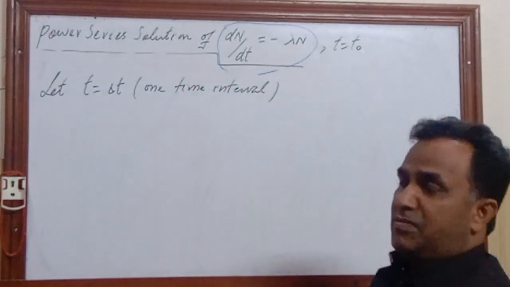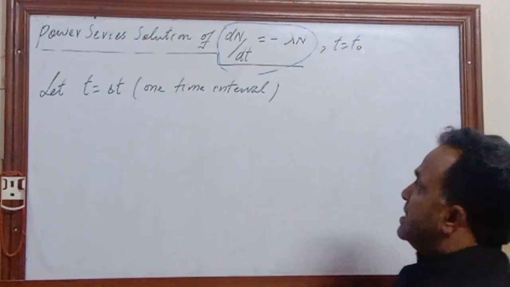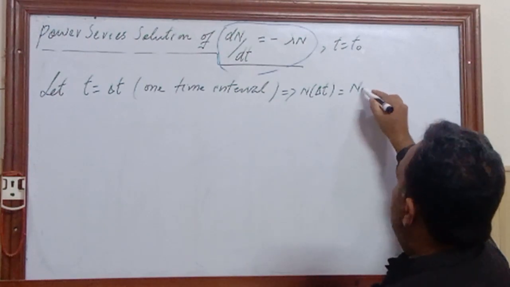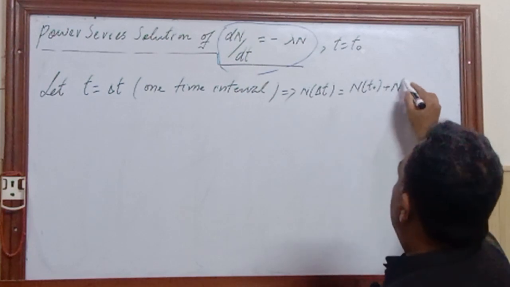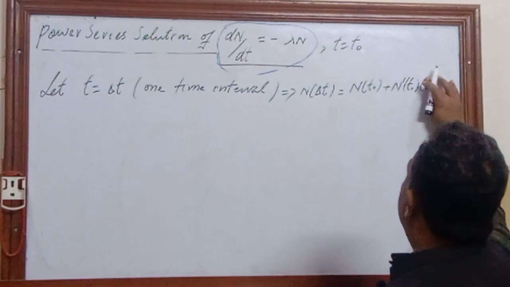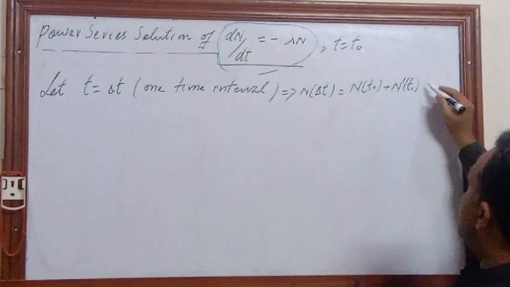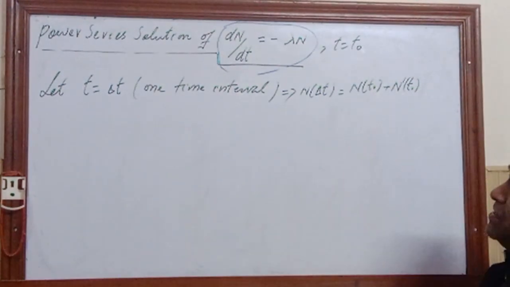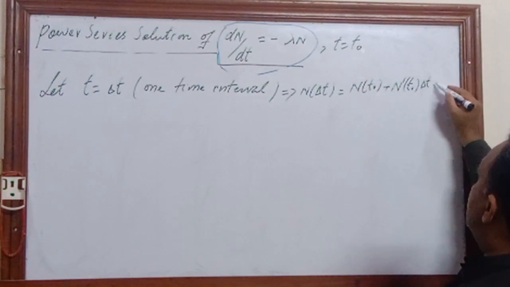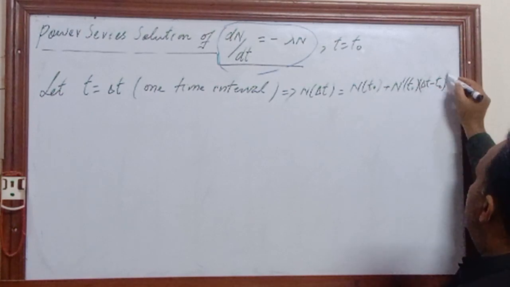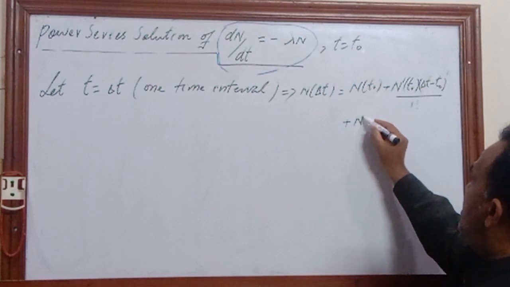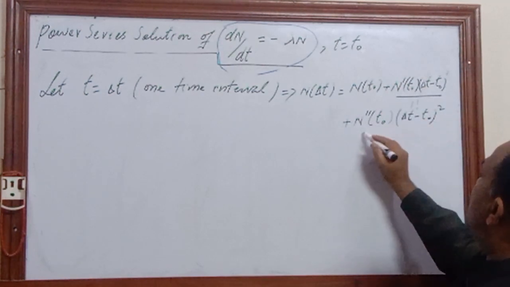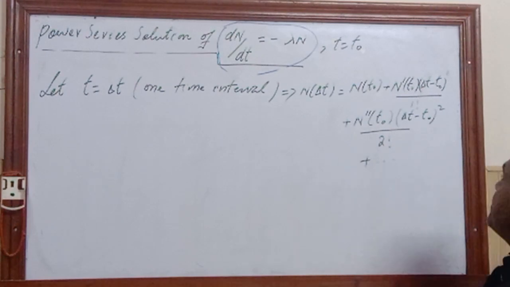So after the time has passed to one time interval, N of delta t can be written as N of t0 plus N dash at t0 times (delta t minus t0) to the power 1 over 1 factorial, plus N double dash at t0 times (delta t minus t0) to the power 2 over 2 factorial, plus so on, right? Here, in place of t, we are just putting t equal to delta t.